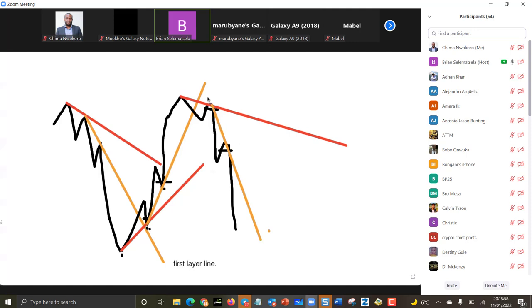And what do we do from there? Wait for the market to break there. So what is actually happening here is that you have access to the market going up, going down, going up, going down.